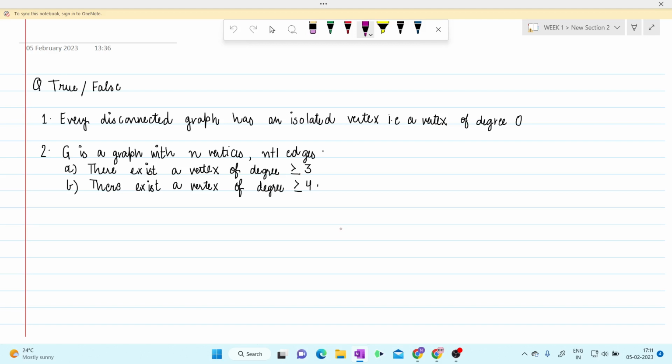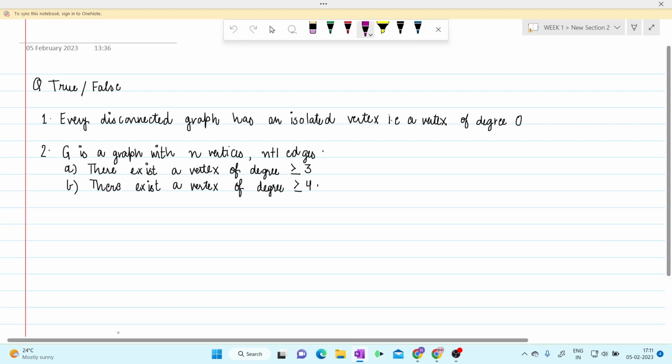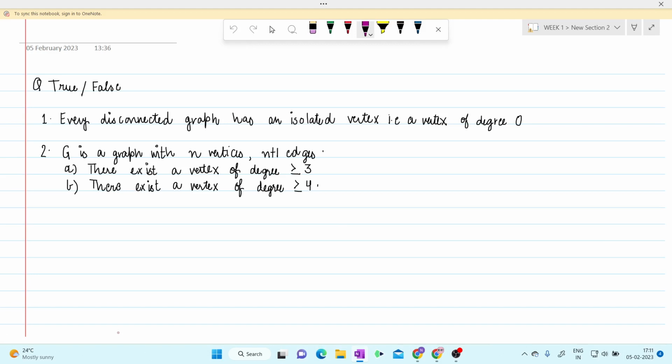We just discussed what a connected graph is. A connected graph is one where between any pair of vertices we can find a walk, and a graph which is not connected is a disconnected graph. The first statement says that every disconnected graph should have an isolated vertex, and by isolated vertex we mean a vertex of degree 0.